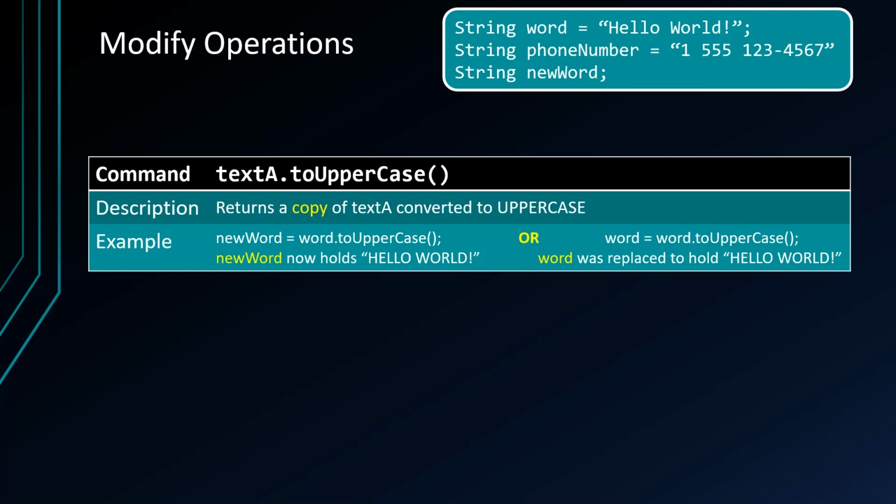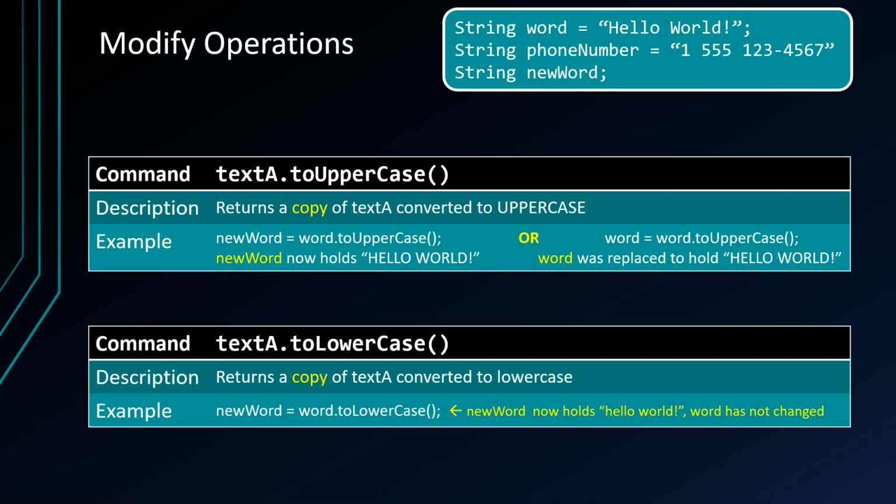Well, if there's a toUppercase, there must be a toLowercase, and of course there is. Now, these operations are mainly used when you're getting data from the user and you don't care what case they type in. So for example, if you ask them for their name and they write in Bob, but they write it in as capital B-O-B, well, you don't care about those capitals, for example, if you're just setting up their username in your system, whatever you're doing.